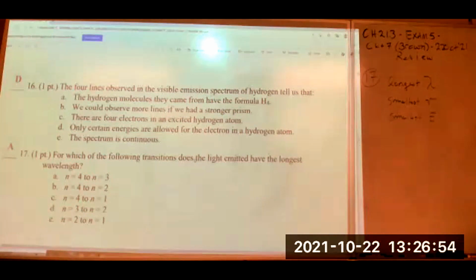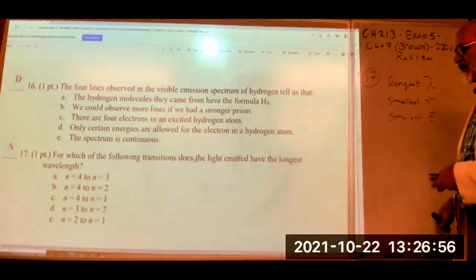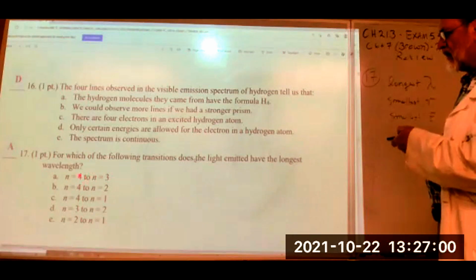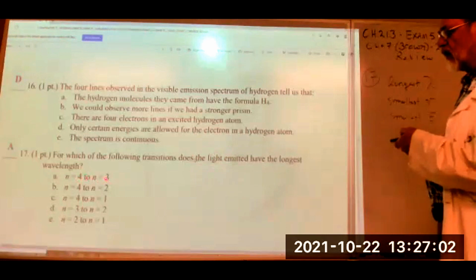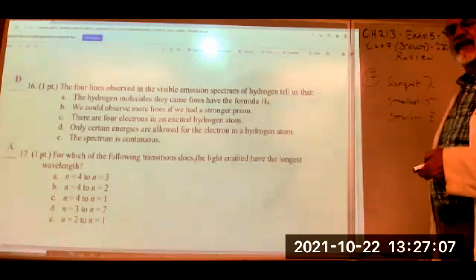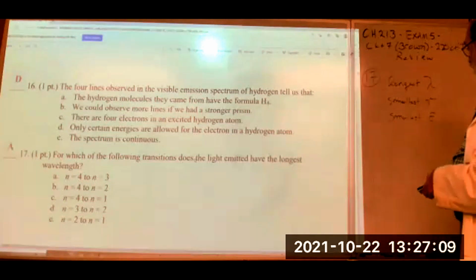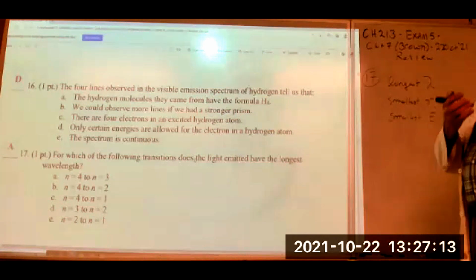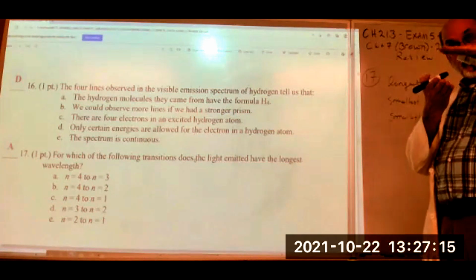So we're looking for the smallest energy. When the electron transitions from a high principal quantum number to a lower principal quantum number, it will emit light. Okay, so the longest wavelength or the lowest energy will be the transition where the energy levels are the closest together.